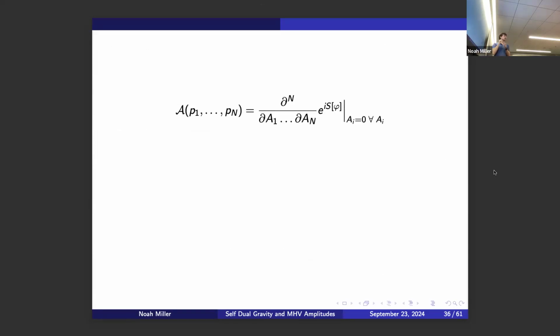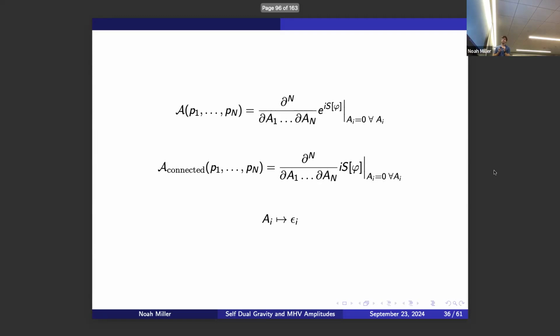So at tree level, the most classical thing is you just differentiate by all the amplitudes, A1 through AN, and evaluate them at 0. I'm using the word amplitude in two ways. And then you can further argue that the connected part of the amplitude is just going to be the action itself. So here's the full tree level amplitude, but if you just want the connected part, that's not e to the iS, that's just iS.